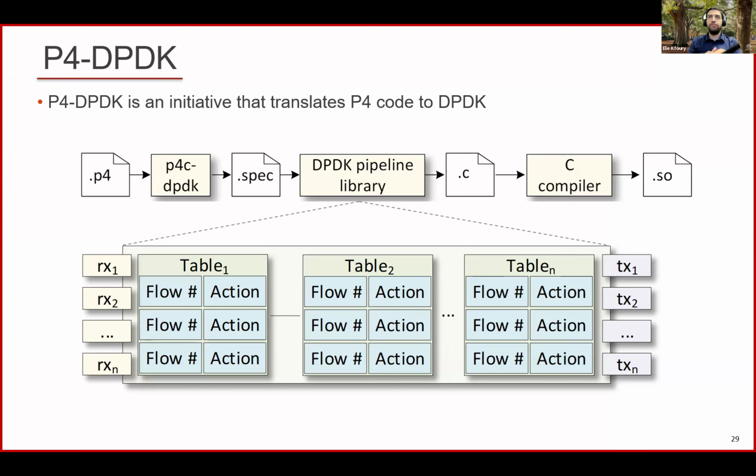If you know a little bit of P4, you might have heard of BMV2, the behavioral model. This is not like BMV2. The goal here is to enable performance. With BMV2, you can get maybe 1 gigabit per second, best case scenario. With P4-DPDK, you can get 100 gigabits per second. It's designed to use DPDK.